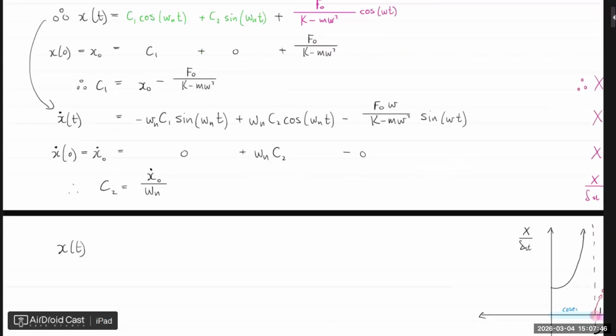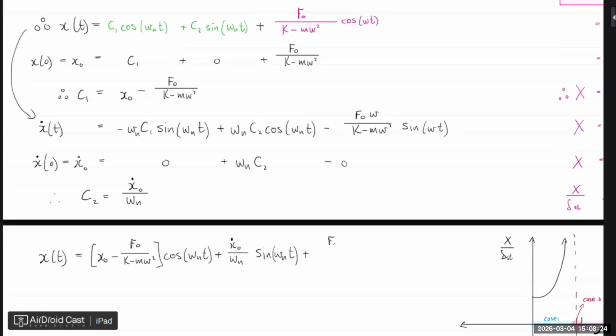That means x(t) is then C1, which is x0 minus F0 over k minus m omega squared times cos omega n t, plus C2, which is x dot in the beginning divided by omega n, sin omega n t, and then just plus F0 over k minus m omega squared cos omega t.